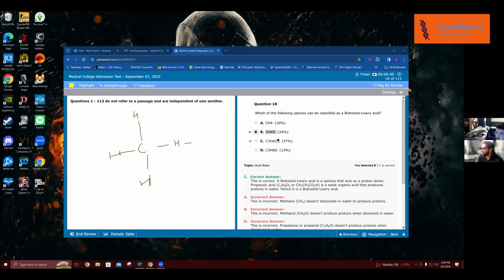So let's just try to draw what these look like. You've drawn methane, and that's correct. Now, let's think about what CH4O would look like.